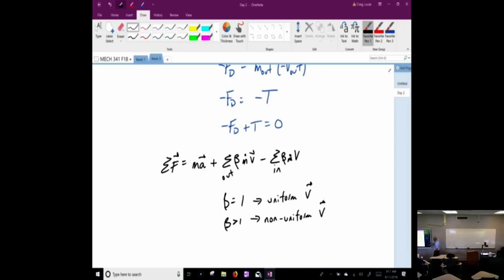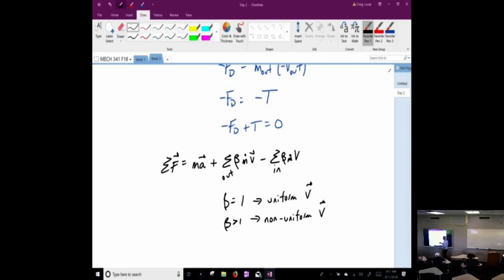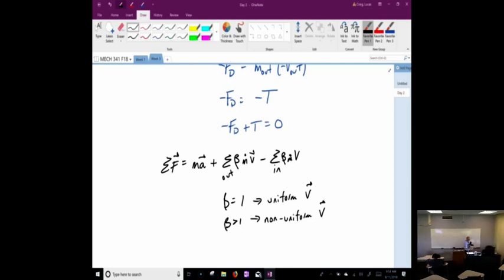So we include these beta terms in here if we don't assume that the velocity coming out or going in is uniform. It could change depending on the location in the pipe. A lot of the times, the problems will give that to you, so you could just throw it in there. Should there be a vector on top of the? Yes, it should be. Thank you.